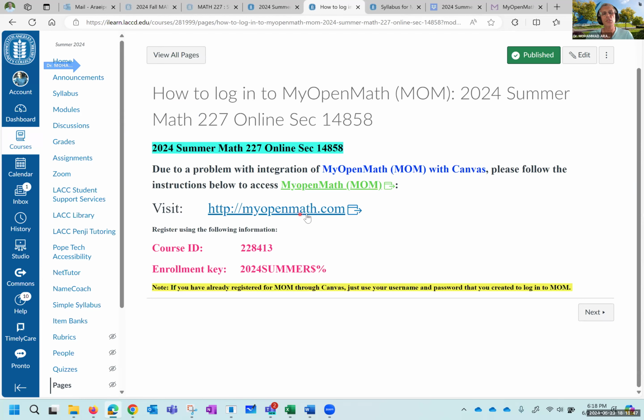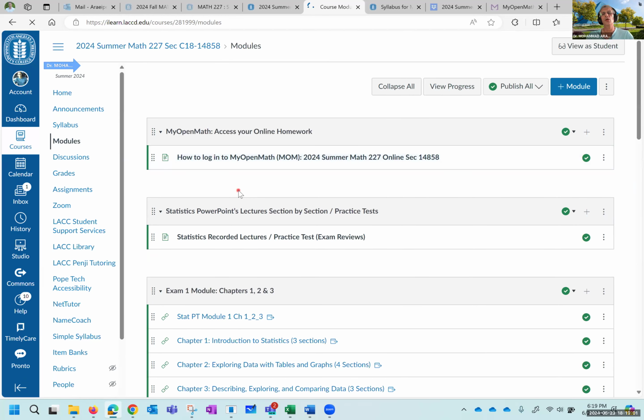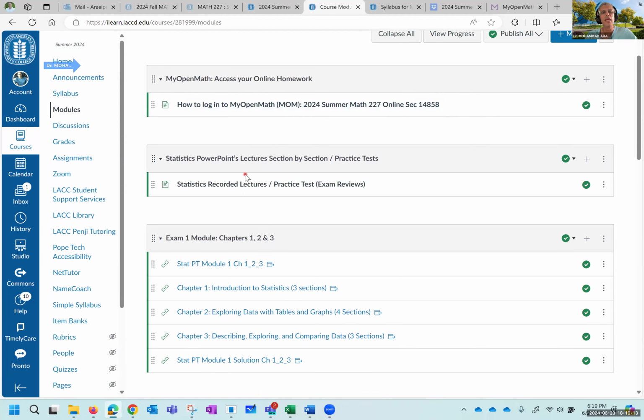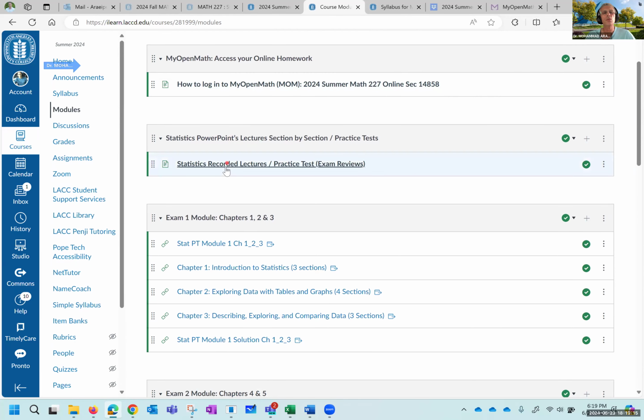But you go to this website, you put your course ID here, just copy paste it to be on the safe side. And here's the enrollment. Going back to the modules, then you register and you enter my OpenMath. So what I'm going to do, after I explain about the modules and the discussion forum, I'll show you how my OpenMath works.